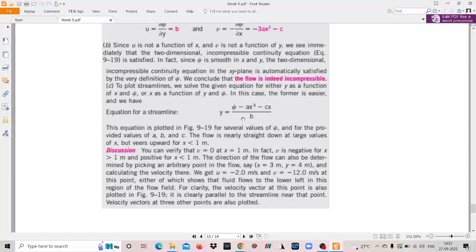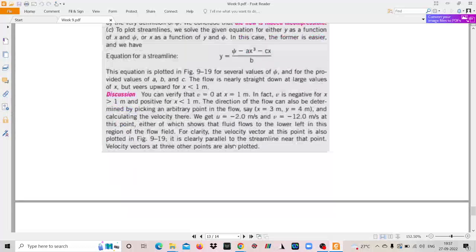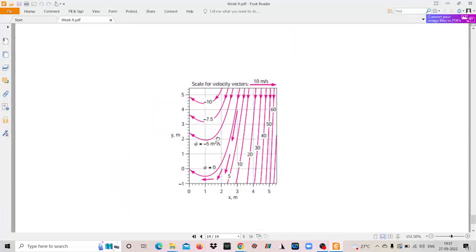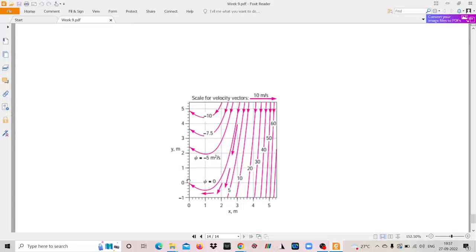You choose a value of psi, and for different values of x you will get different values of y. If you plot it in the first quadrant, you will get something like this.